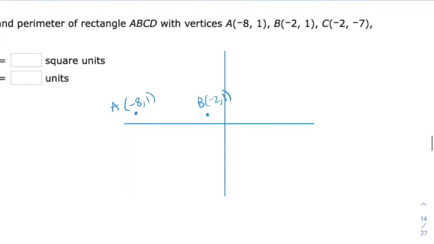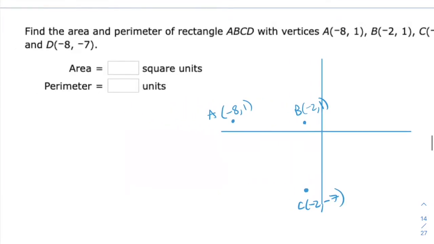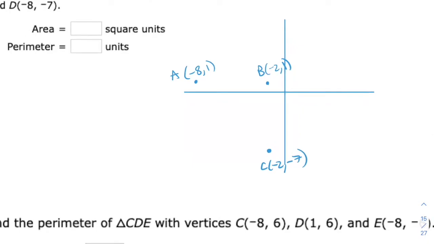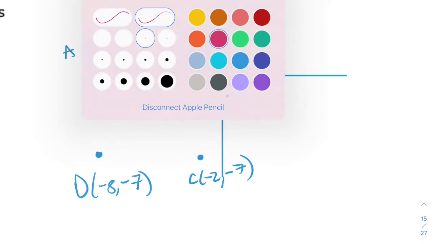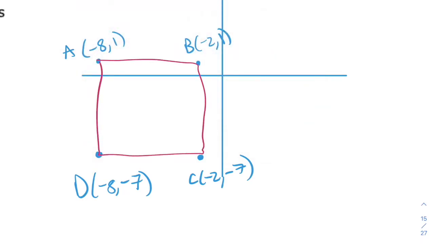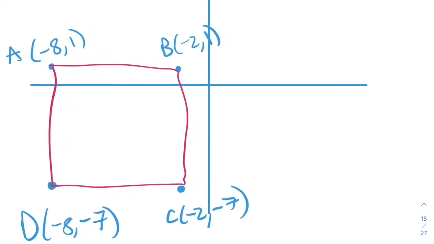And then C, we have -2, -7. And then D, we have -8, -7. So this gives us a sketch and an idea of what's going on. I'll leave it in what appears to be a sketch.